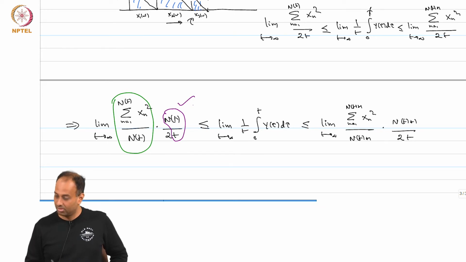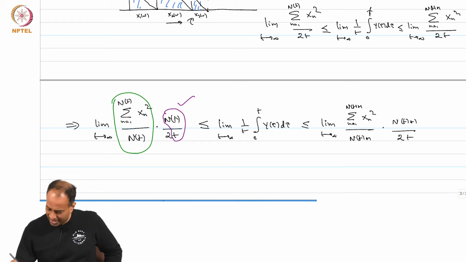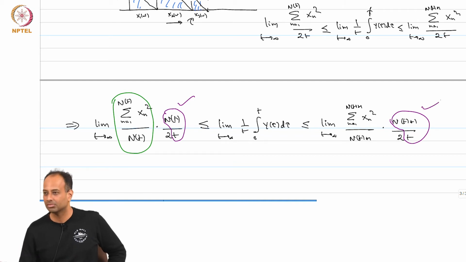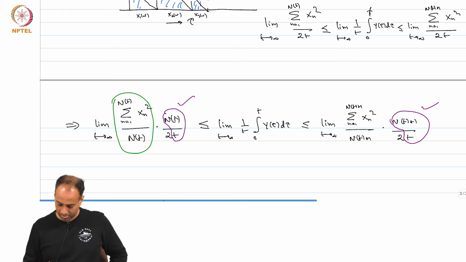Likewise, this N(t) plus 1 over t is also easily handled; it will also go to 1 over x bar. Both of these terms will go to 1 over x bar. The question is what happens to these guys?